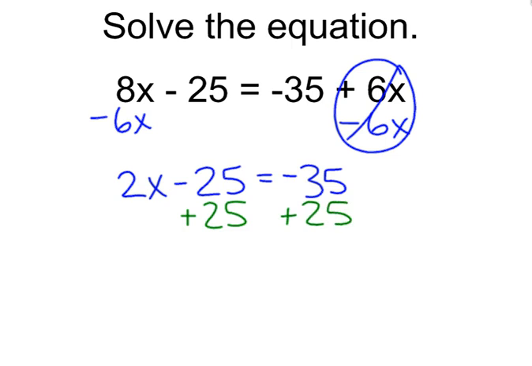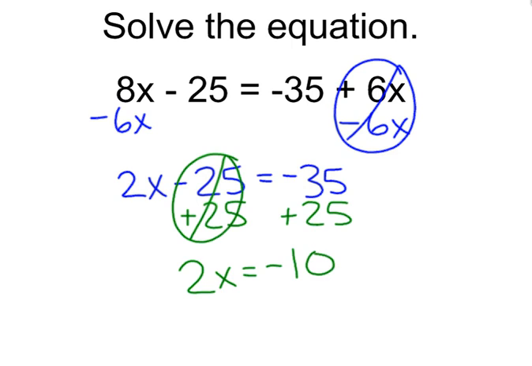So we'll add 25 to both sides, which leaves us with 2x equals negative 10, and then you can divide by 2 on each side to get x equals negative 5. Now I could do a check it step, but for right now, I'm going to skip that for this video so it doesn't get too long.